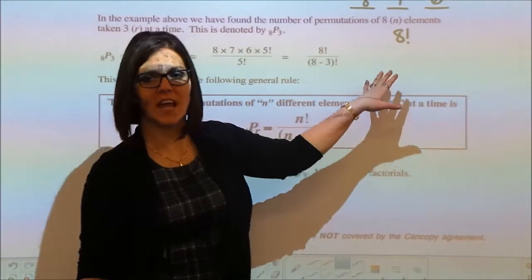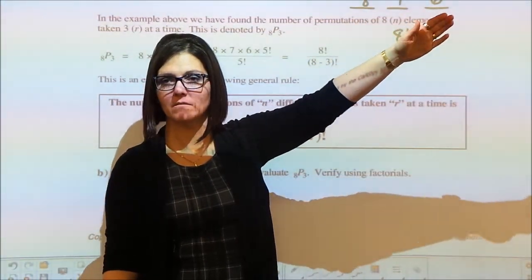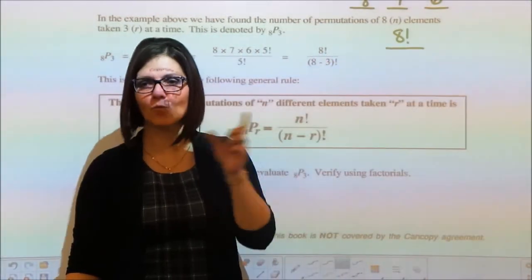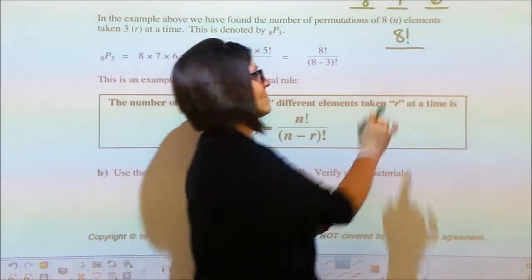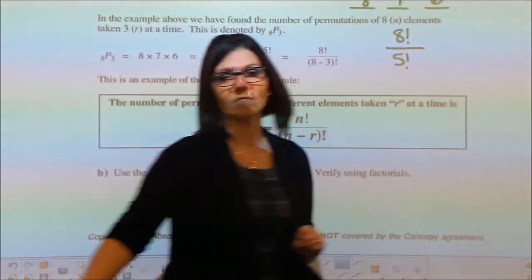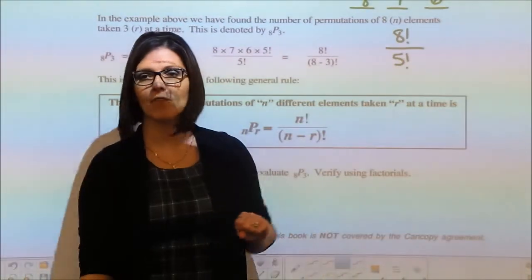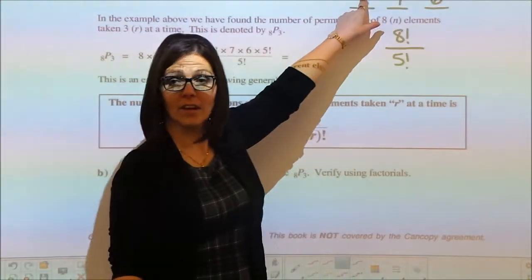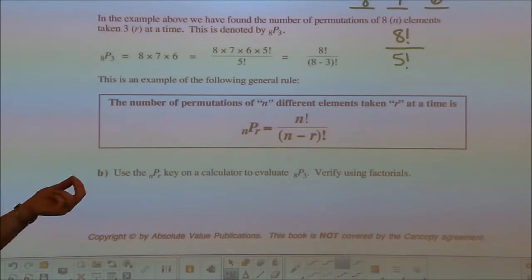Well, I can't just use 8 factorial because I don't have the 5, 4, 3, 2, 1. So then what could I do to get rid of the 5, 4, 3, 2, 1? Divided by 5 factorial. What's the difference between 8 and 5? How many arrangements do I have? 3. So the 8, the 5, and the 3 end up getting this relationship.